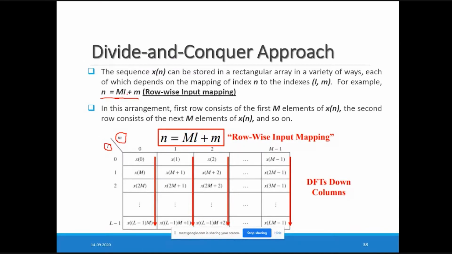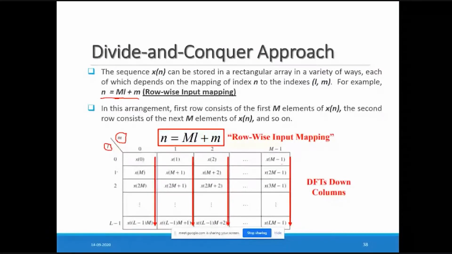So now we are representing x of n with n equal to Ml plus m. Whatever row is available with us, we divide it into M number of elements. So here x0, x1, x2 up to x M minus 1.